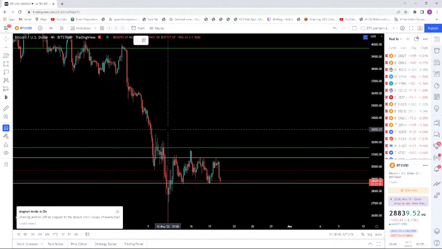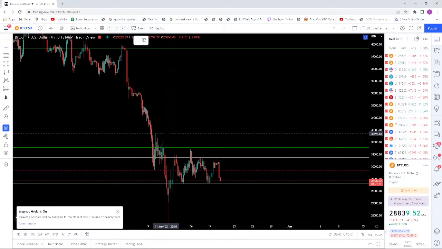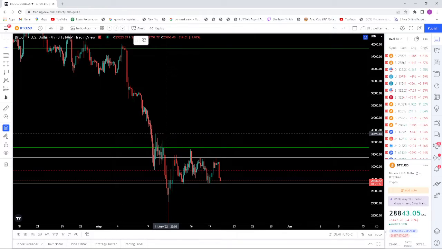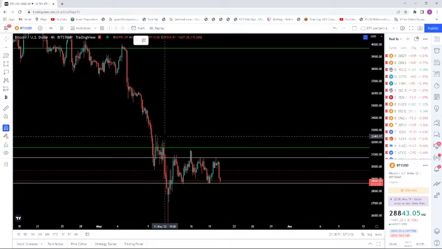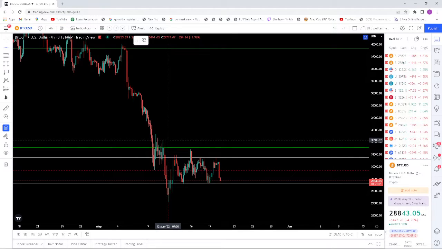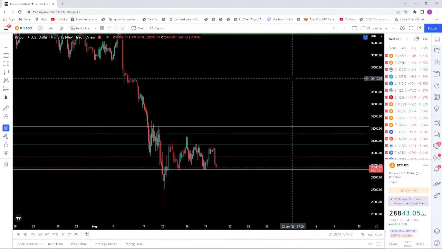I think we can see it in a smaller time frame. Actually, it's over here this week. But this level is significant, the 32k range, 32, 32.5. There, we've been wicking the tops of it. Okay, these are our levels.